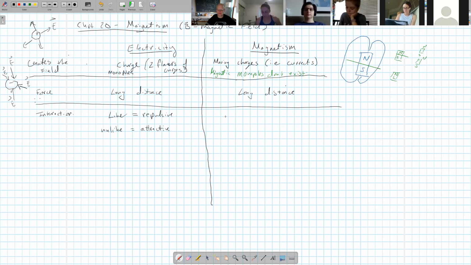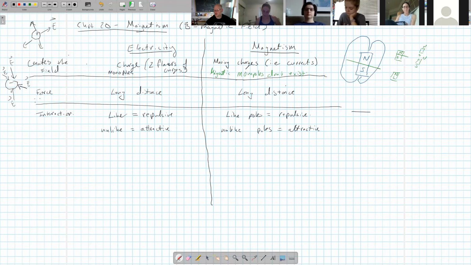For magnetism, it's actually the same. If we have like poles, then that equals a repulsive force, whereas if we have unlike poles, then this equals an attractive force.